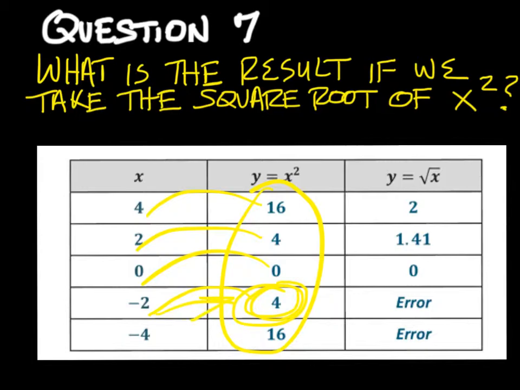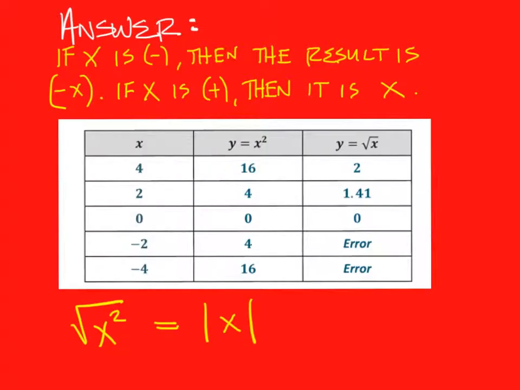So in reality, you could have the square root of 16 equal to plus or minus 4. And another answer is if x is negative, then the result is -x. And if x is positive, then it is just x, whatever it was before.